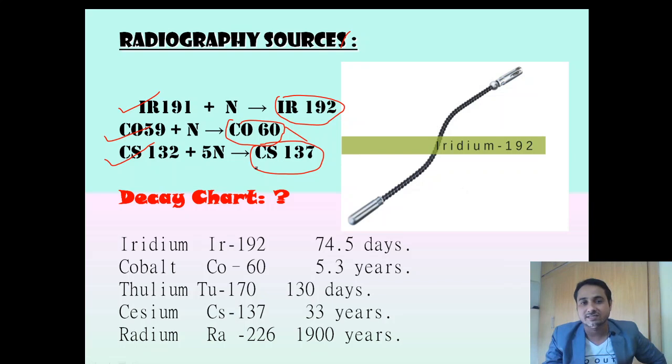Now, who is the agency which is supplying these radioactive elements? In India, it's only BARC which manages all these things. If I want to get a radiography source, I need to get permission and follow the norms, and only then will I get this equipment and these sources from BARC.